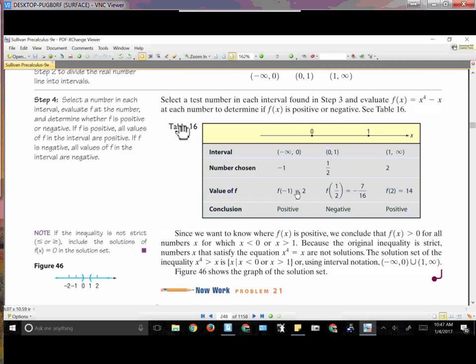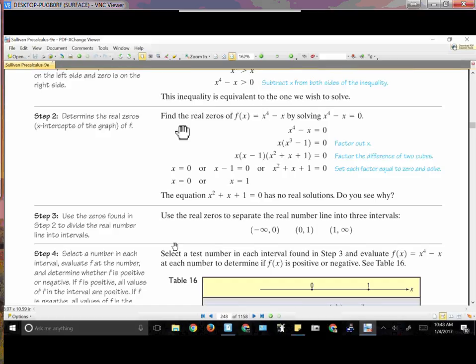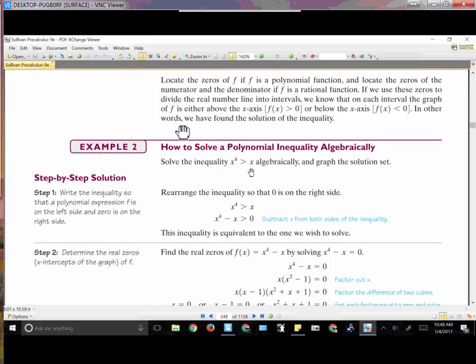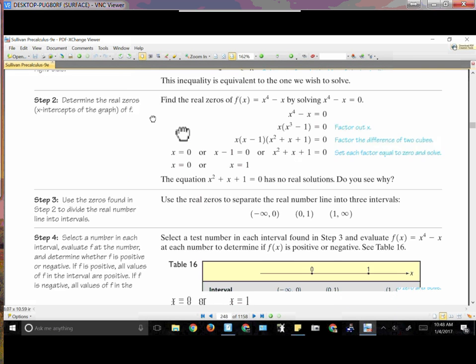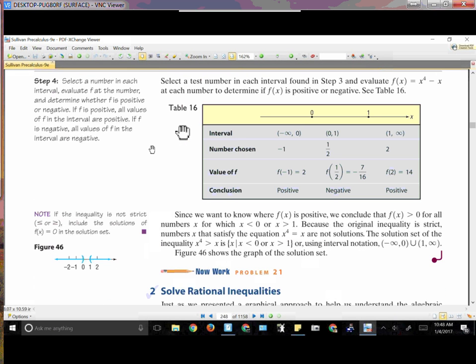And this is where the table actually comes in extremely handy. What we are looking for here is, where is this bigger than 0? Well, if I am at 0, is it above it or below it? If I pick a value that is less than 0, what kind of a value do I get?